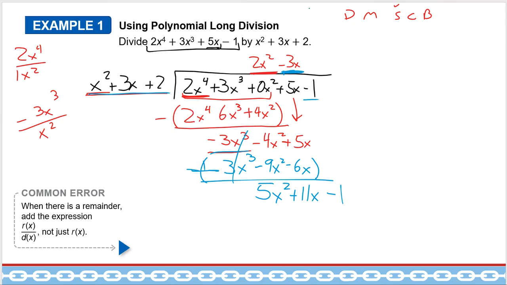So I am working right here, and I'm going to divide all of this by my original divisor. 5x squared divided by x squared would be plus 5.